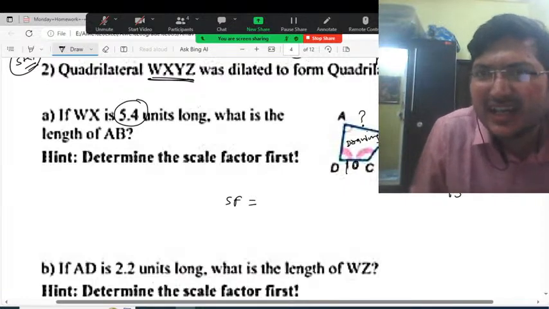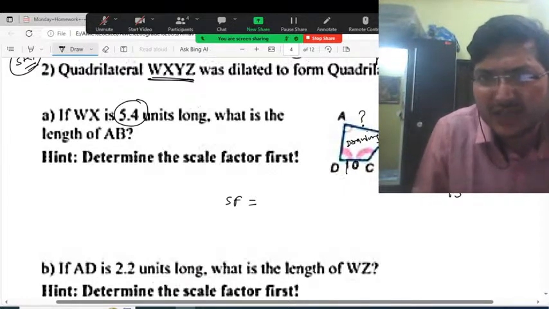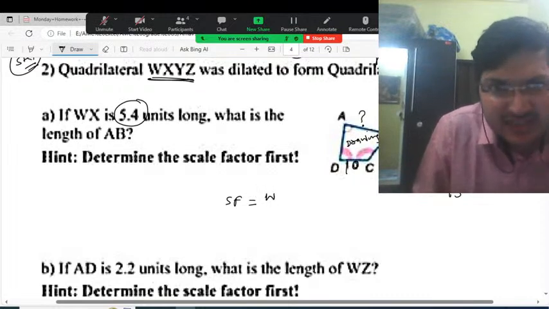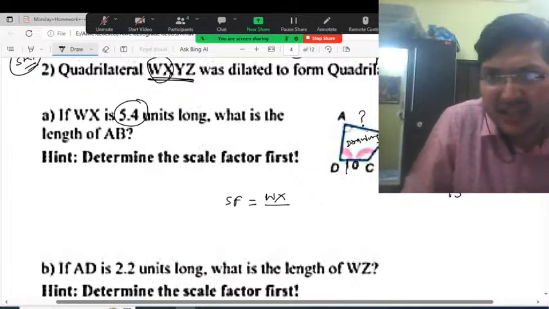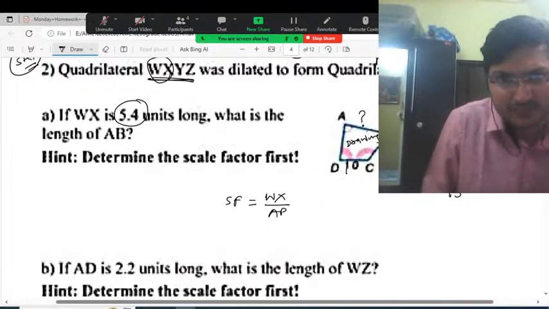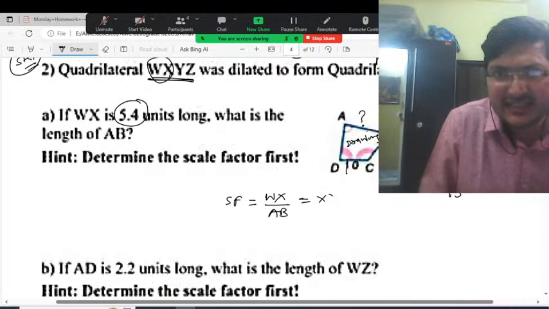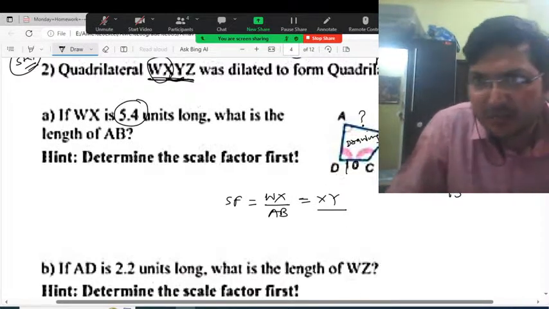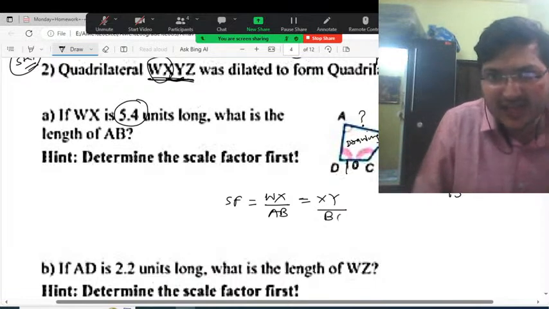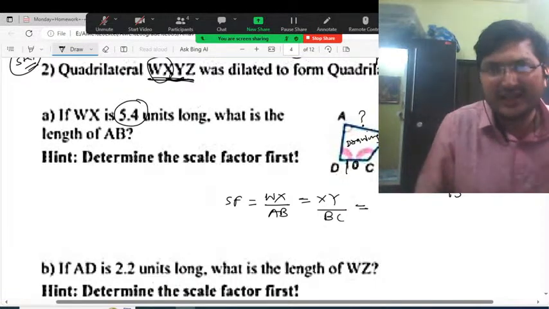That means the object is WXYZ, and the drawing corresponds to WX. We have AB here, similarly XY with BC here, and similarly we can have other values as well.